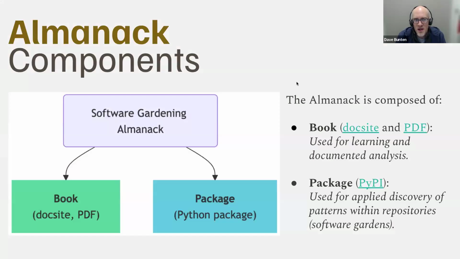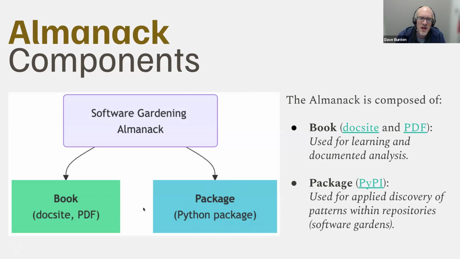In terms of the Almanack and how it's structured, it has two primary components. There's a book, which is primarily a doc site and PDF. So you can look at the doc site if you have access to the web and use that to browse things, but we've also published things as a PDF that you can read literally as a book. And then there's also a package, which is part of the same effort, which is used for applied discovery of patterns within repositories, i.e. software gardens.